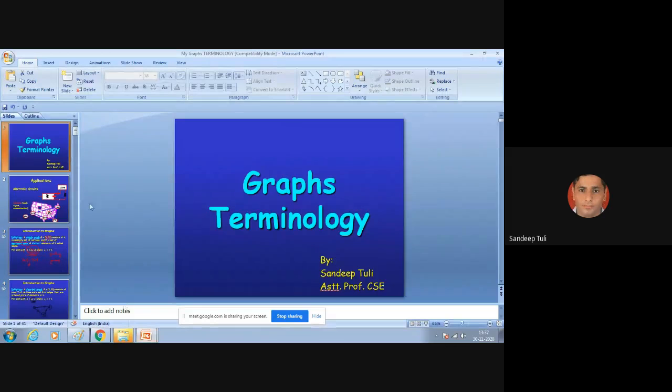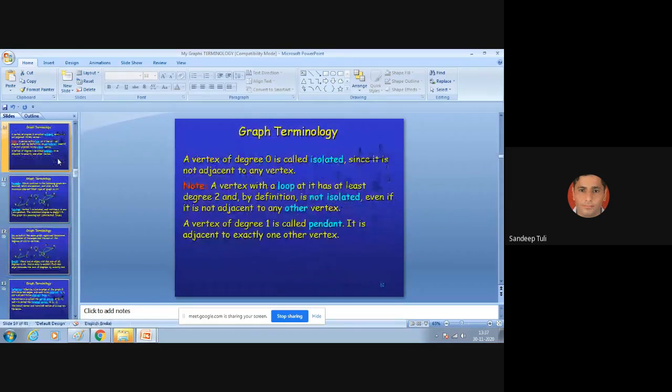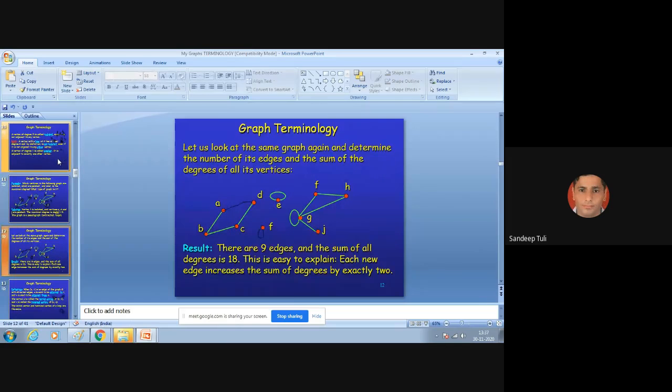So, we have started graphs, and in the last two lectures we have learned some terminology of graphs, which includes the very basic types of graphs and various kinds of edges we could have, like loops and simple edges.